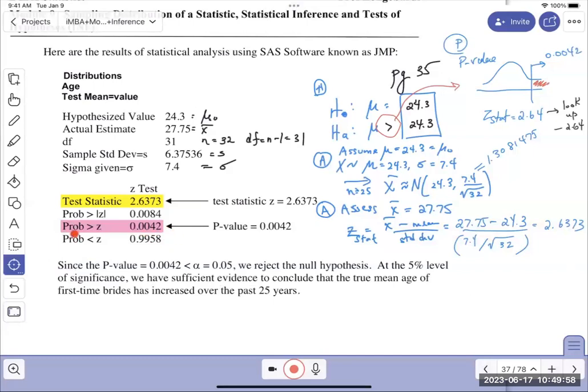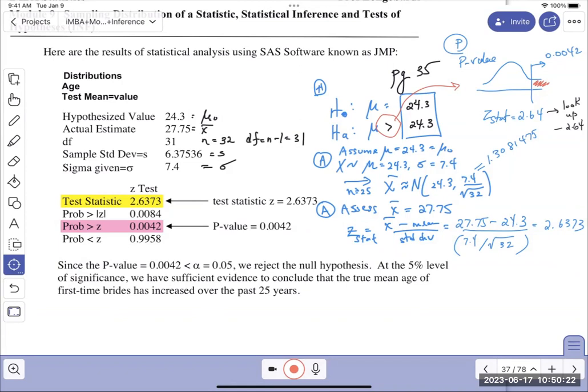All right, any questions so far? So I've done all the steps, and let's conclude. It doesn't matter if you do a two-tailed or a left-tailed or a right-tailed test like we're doing right now.